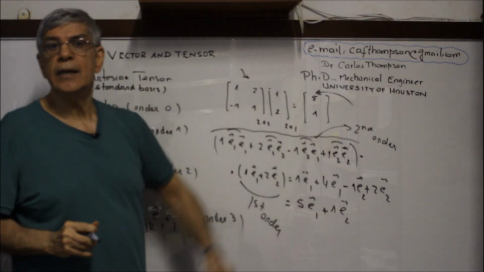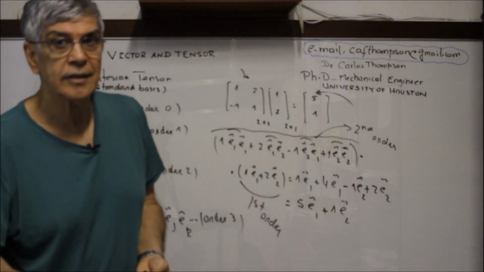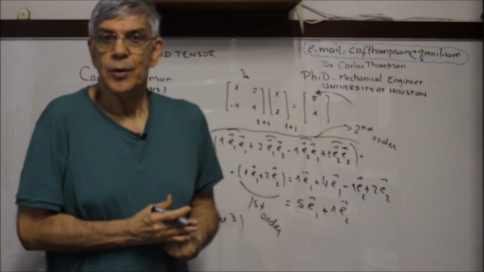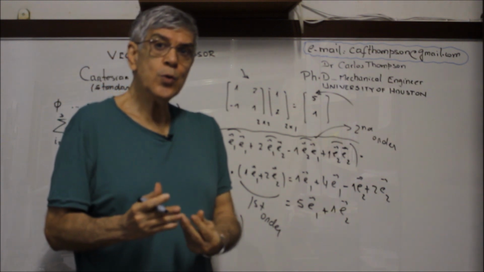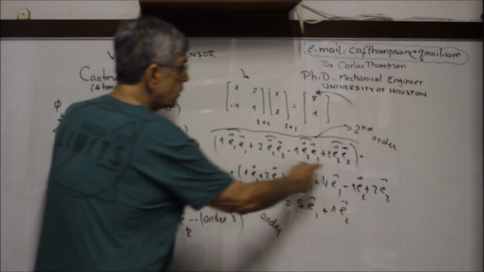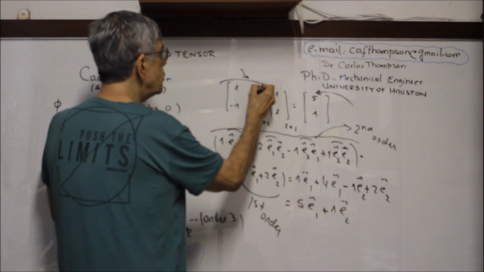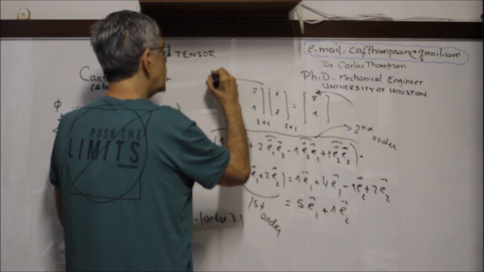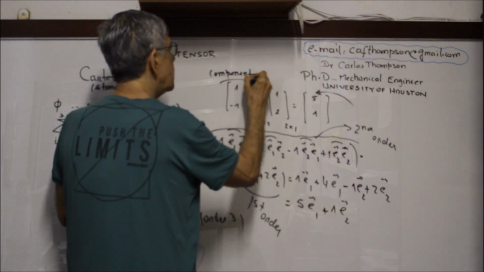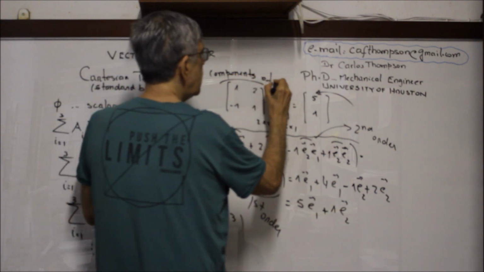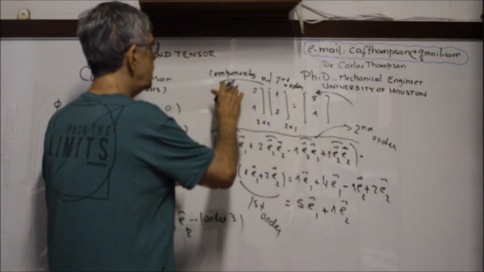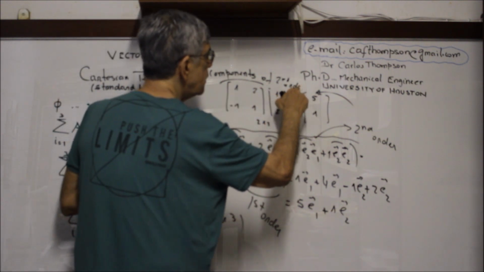All your study about matrix, you just did. But you did not use the second order tensor. You just used the components. I can see the components of a second order tensor here.